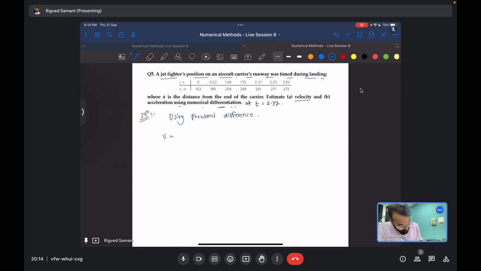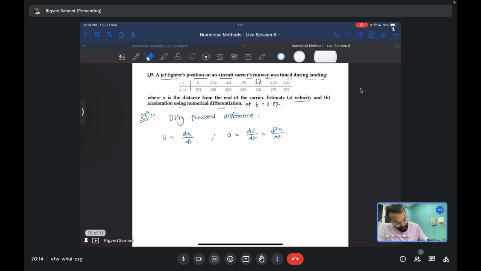So what is velocity? Velocity is dx by dt, right? And acceleration is dv by dt, or d square x by dt square. We will first find the velocity for 2.37 and the acceleration for 2.37.